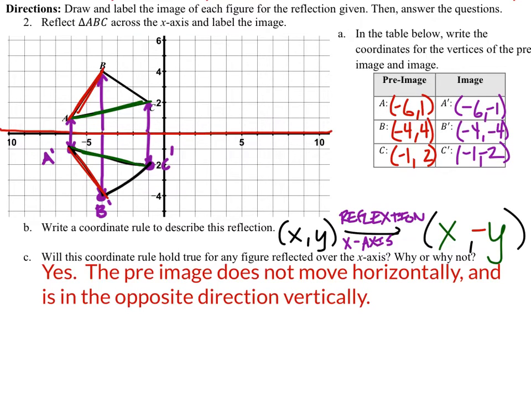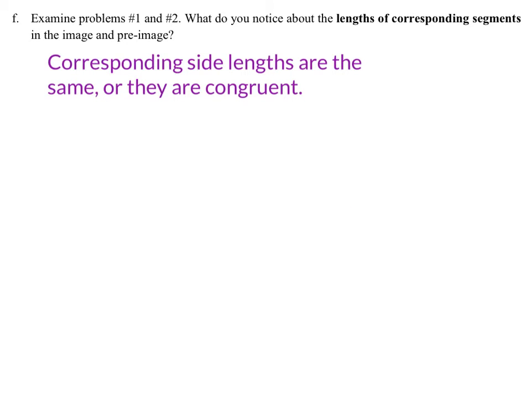Same with A prime, B prime, and AB, and also BC here and B prime, C prime. They're the same lengths because we haven't really changed the size of the shape, just its orientation. So that's what I'm going to write here for F. Corresponding side lengths are the same. We could also say they're congruent. For now, that's going to mean the same thing.